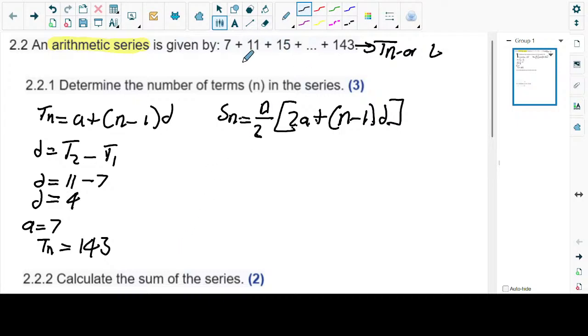We can either use the sum formula or the Tn formula. But we are given Tn in this pattern because we are given the first term and then it ends. It's a finite series. It has a start and it also has an end. The end part is Tn, the last term.